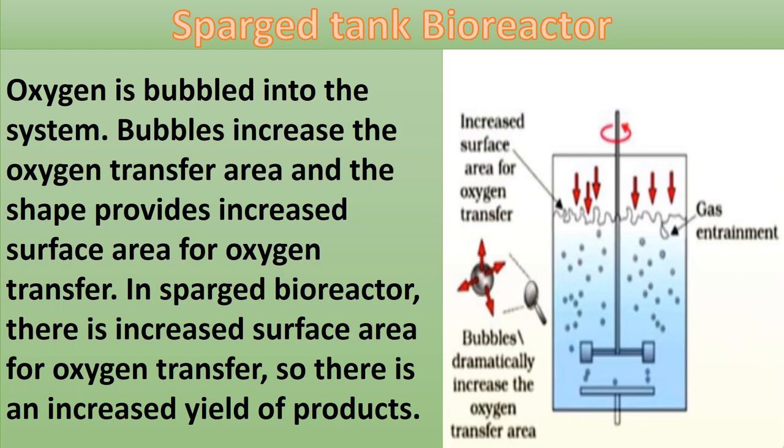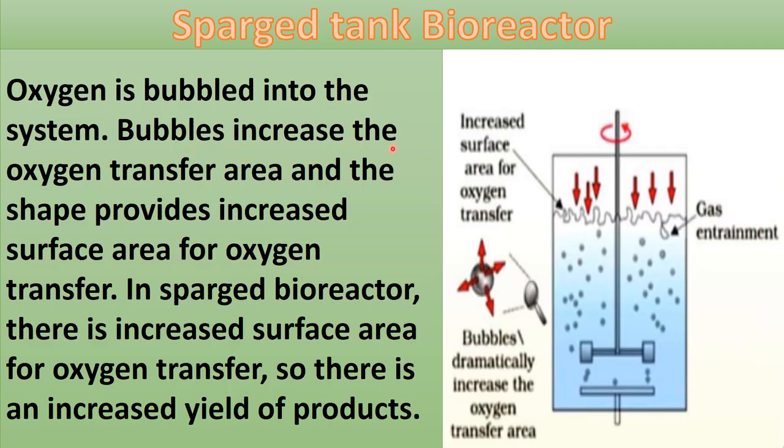The next type of bioreactor is the sparged tank bioreactor. In this bioreactor, oxygen is bubbled into the system. You can see here these are oxygen bubbles. What is the advantage of these bubbles?